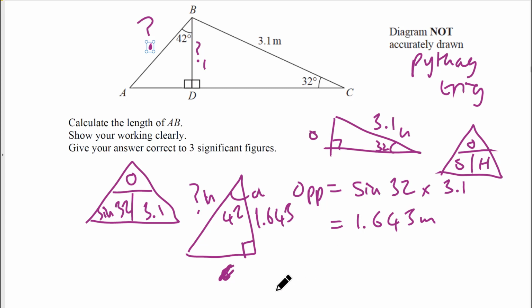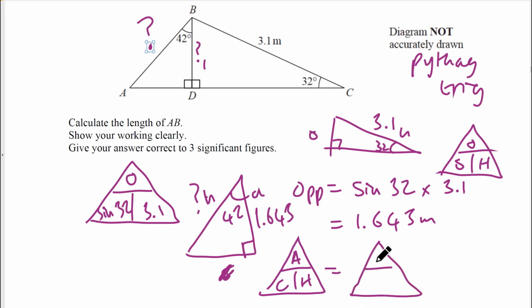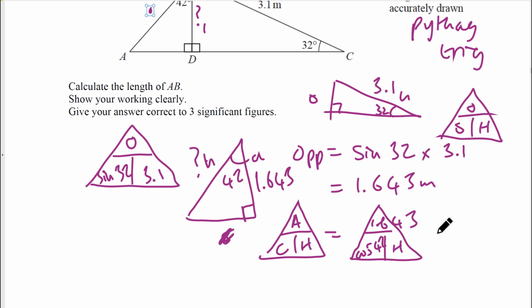We've got A and H, so that's CAH. So if I just use a triangle to help me remember the working out, we've got 1.643 here, that's cos 42, and we're finding H, so H equals 1.643 divided by cos 42.